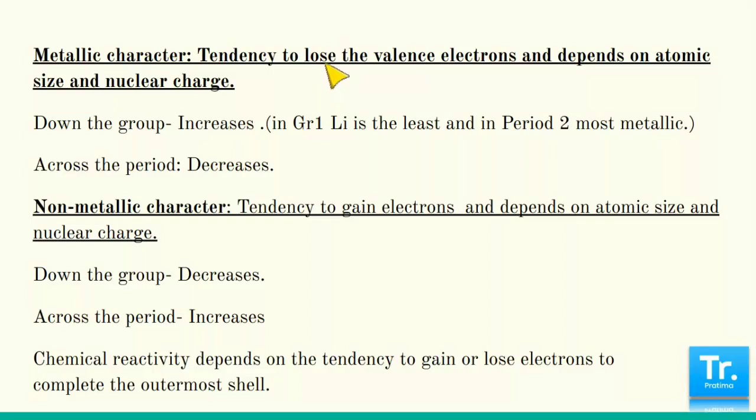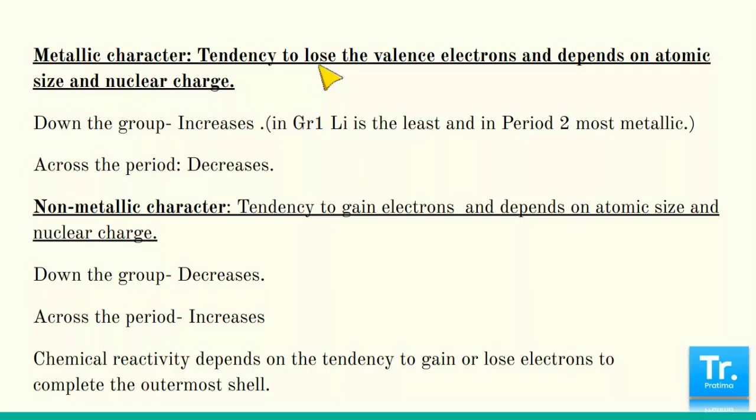How to attain stability? That means to complete the outermost shell, that is octet or duplet of the first shell. So the tendency to lose electrons depends on two factors, that is atomic size and nuclear charge. Actually what happens is, the easier it is to lose an electron, the better metal it is.